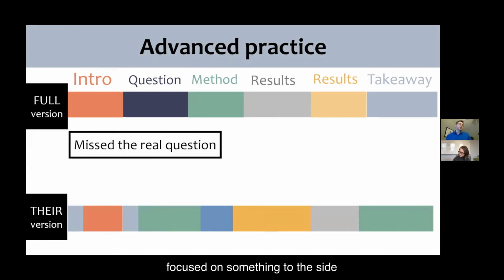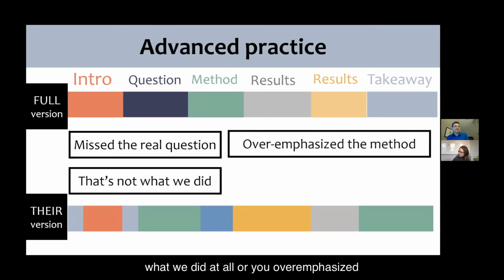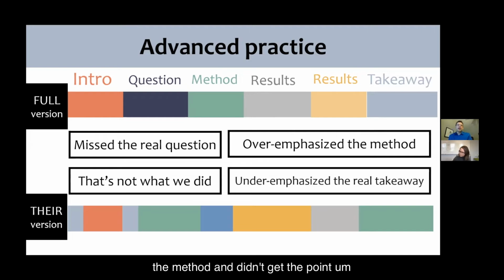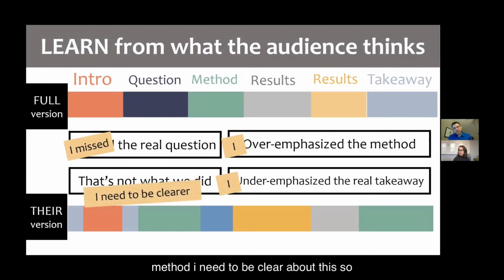They might have focused on something to the side. You might say, well, that's not actually what we did at all. Or you overemphasized the method and didn't get the point. You didn't give the takeaway message. So you can learn from what other people do if they give your poster. And then you realize that, oh, I missed the real question. I overemphasized the method. I need to be clear about this.